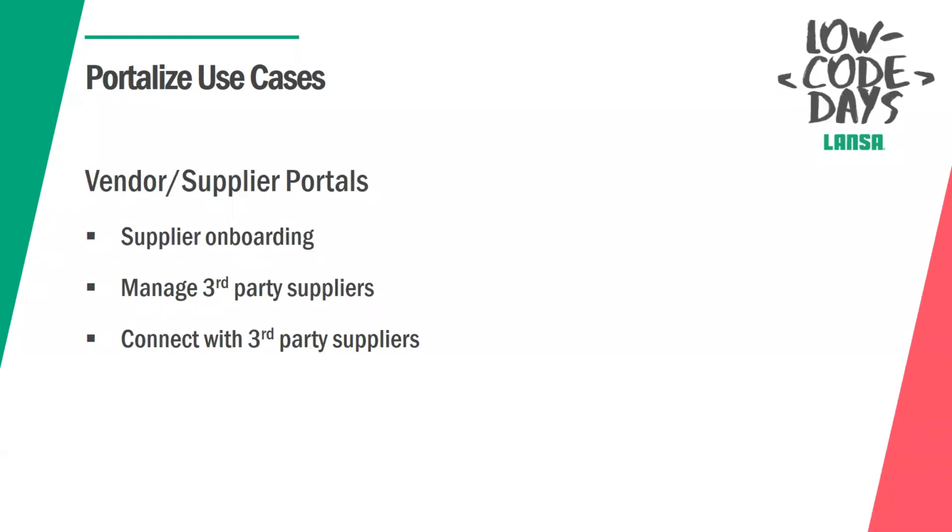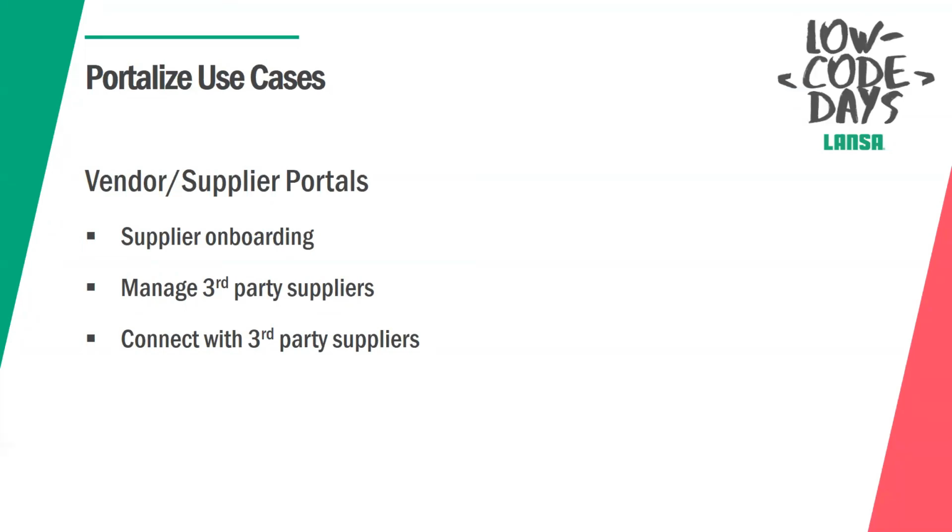So vendor and supplier portals. This is another great use case. If you have supplier onboarding, they just have to log into one portal, and everything they need to do, all the documents they need to fill out, all their pre-requirements are in one spot, instead of sending it to each individual supplier all the time. You give them that portal, you give them their access to log in.